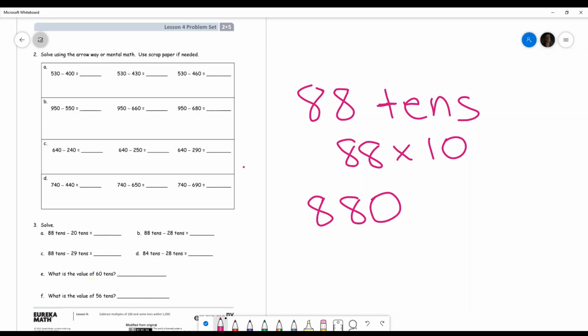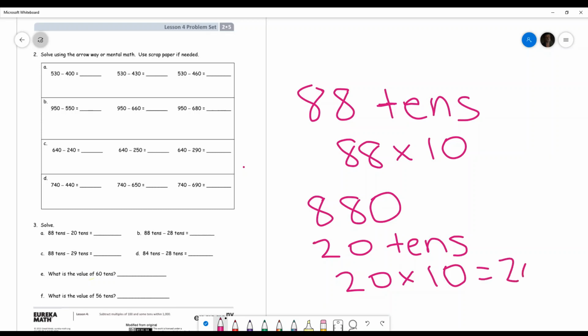And now looking at 20 tens, what would that be? 20 tens is 20 times 10, which equals 200, because you just add a 0 at the end of the 20.